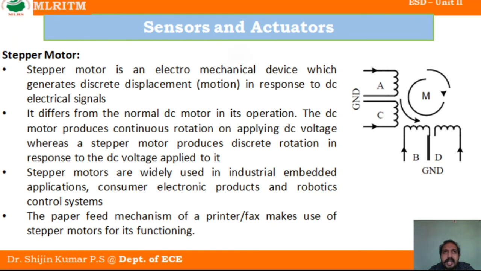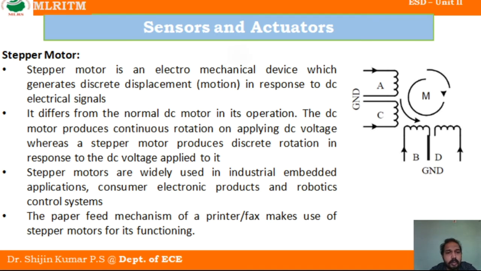Unlike DC motors and other motors, what is the peculiarity of this stepper motor? If we provide some current to the DC motor, it will rotate in an indefinite manner. We can only control the RPM, the rotation speed.